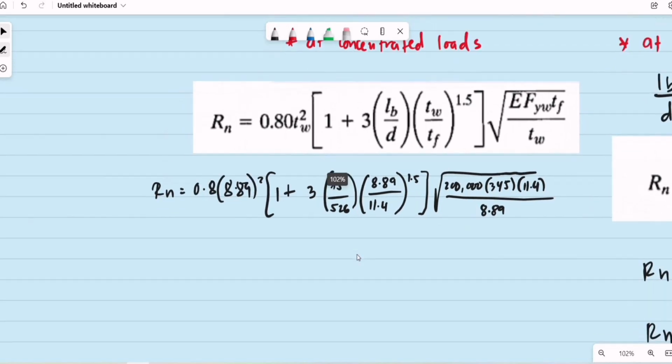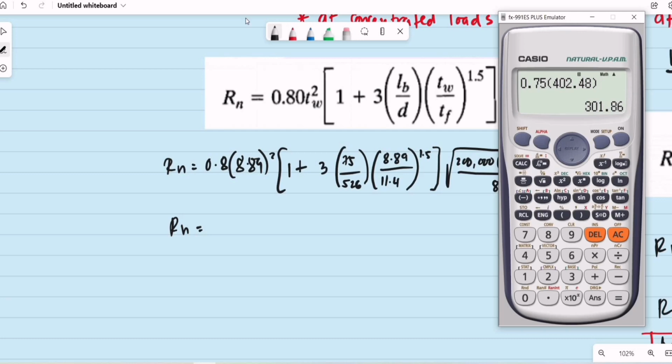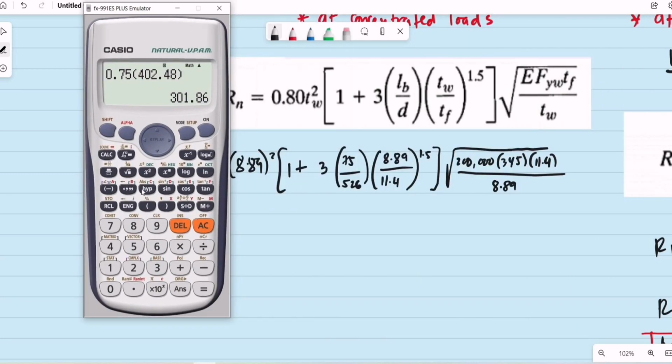So we can now compute for Rn. I'll start with the term with the square root sign: the square root of 200,000 times 345 MPa times 11.4 divided by 8.89.